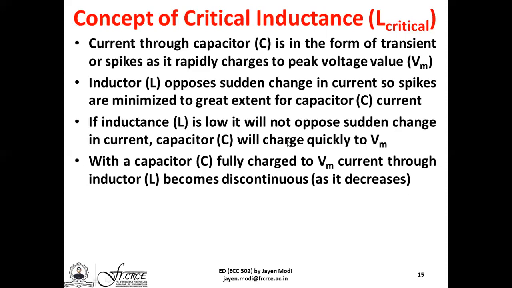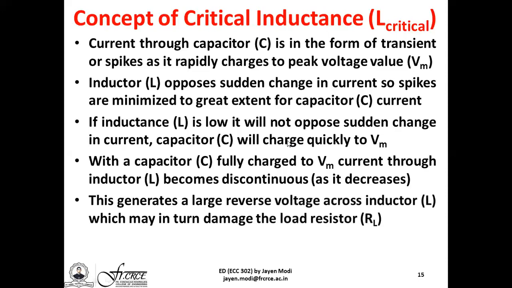So when this current becomes discontinuous, as the equation indicates, the voltage across the inductor will rise, because the voltage is minus L di by dt. As the current decreases, there is a change, so we have a large factor of dIL by dt, and this will generate a large reverse voltage across the inductor L, which is what we call back EMF.